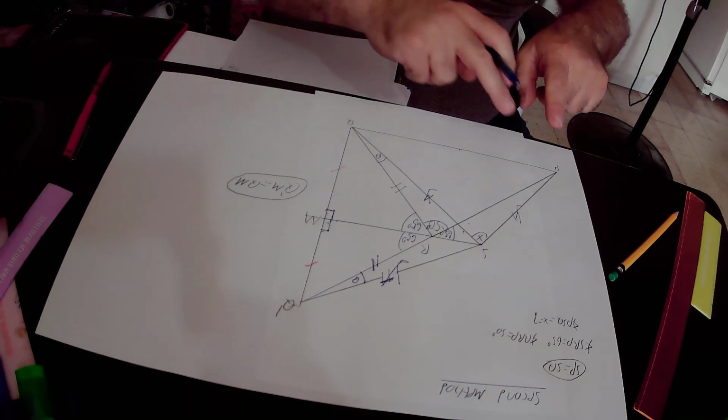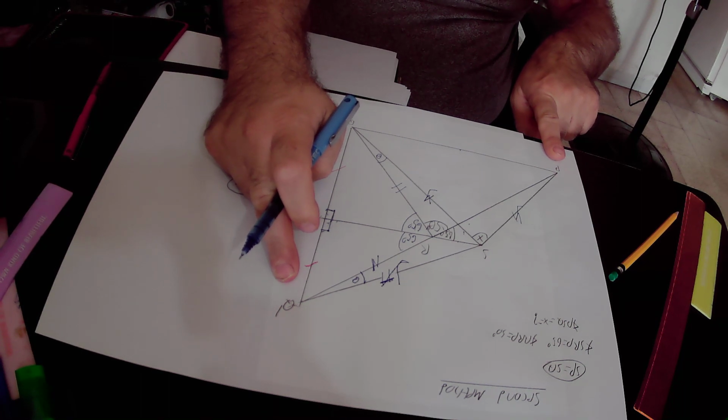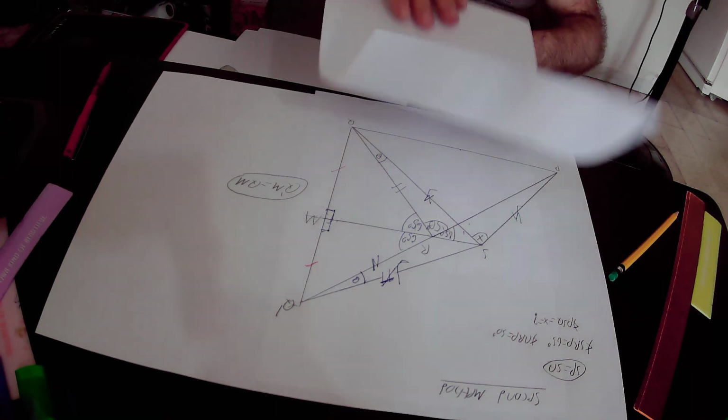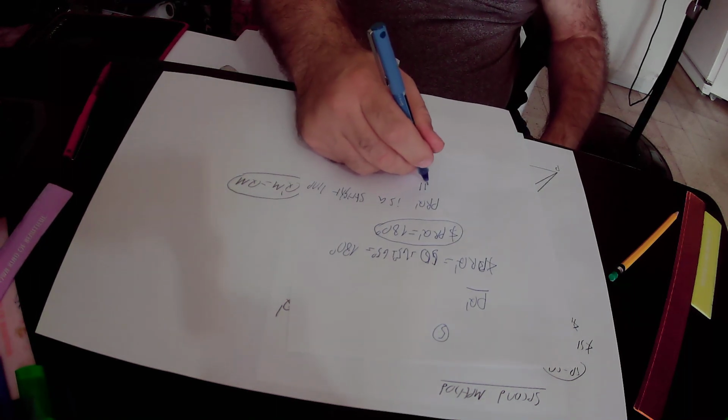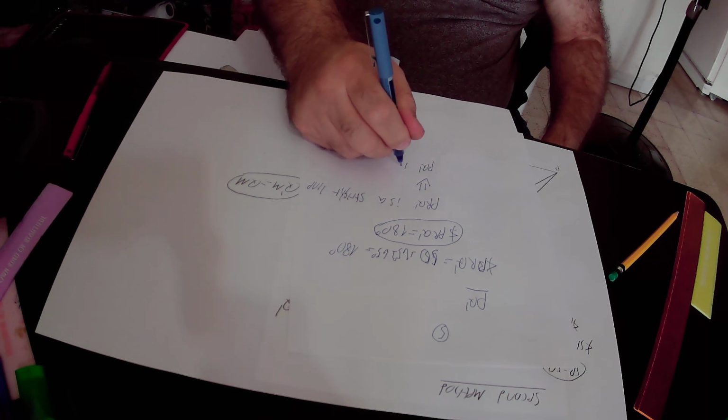And from the fact that PRQ dash is a straight line, we can conclude that PQ dash is also a straight line. Okay, so PQ dash is a straight line.